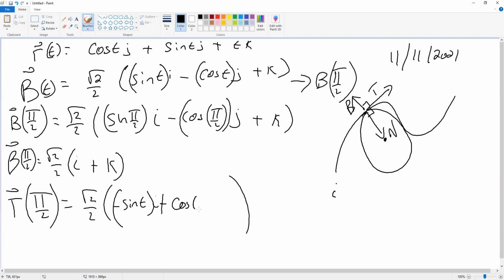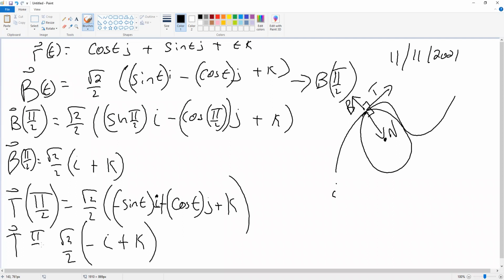Plus cosine t of j. And then is it just k again? Just k again. So if we plug this in, we're going to have root 2 over 2 times minus i plus k. Cosine of pi over 2 becomes 0, 0 drops the j, and this is that vector at that point.